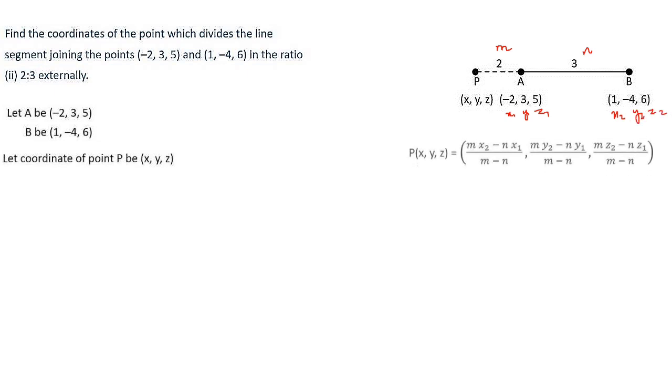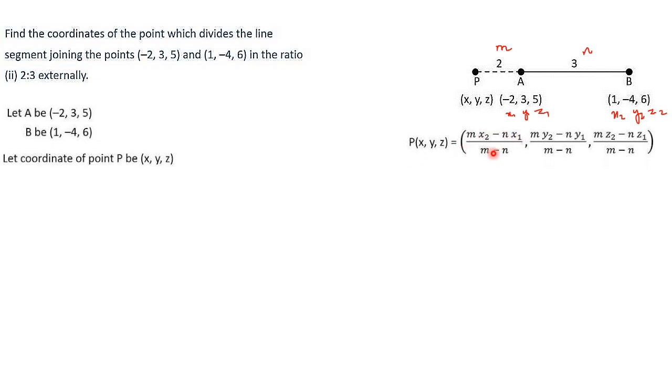You know that there is a negative sign: mx2 minus nx1 by m minus n. The same thing applies for the y and z coordinates. So x, y, z we will calculate, that is equal to mx2, which means 2 into 1, minus 3 into minus 2, divided by m minus n, that is 2 minus 3.